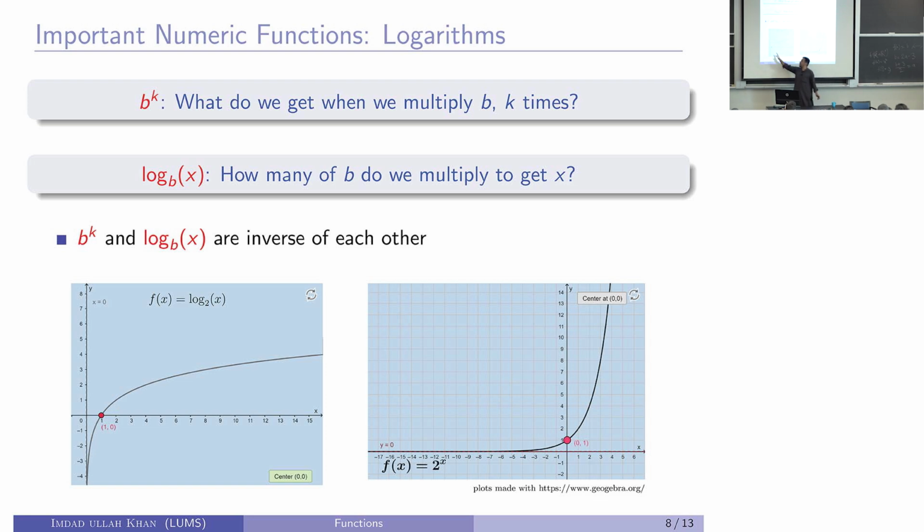The input went from 1 to 1024, and the output went only from 0 to 10. That is what we mean by a slow growing function, a very, very slow growing function. What is the derivative of log x? 1 over x. The more x grows, the slower it goes.